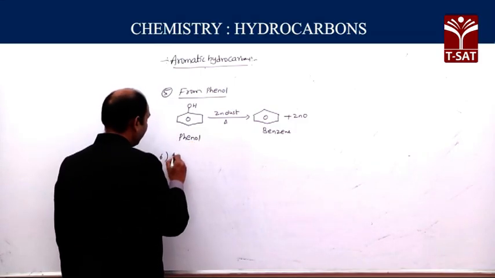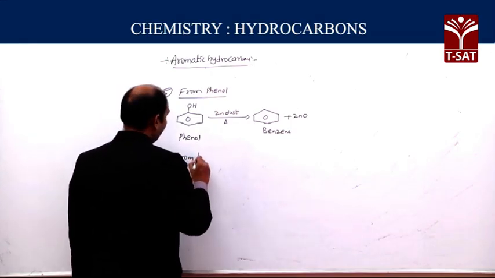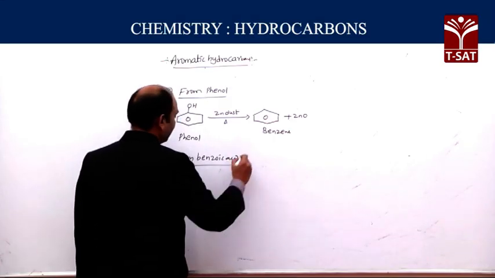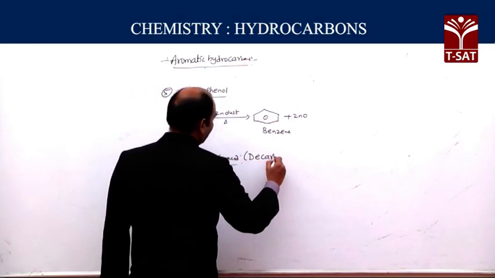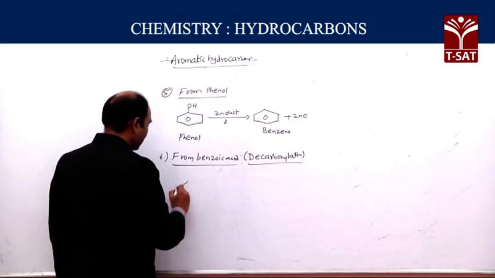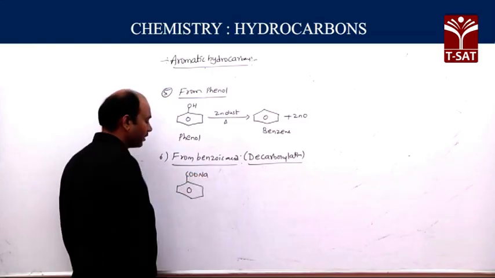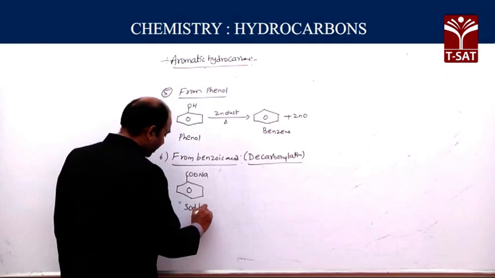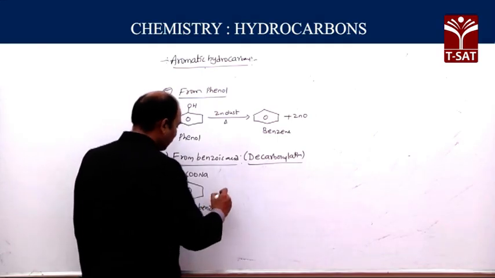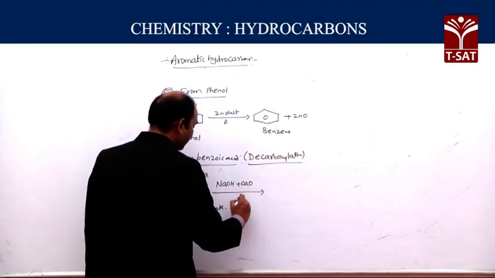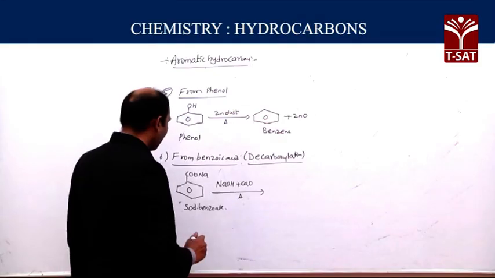Next, the sixth one, is from benzoic acid and its salt. This is nothing but decarboxylation. When sodium benzoate is treated with soda lime, NaOH plus CaO, decarboxylation takes place.